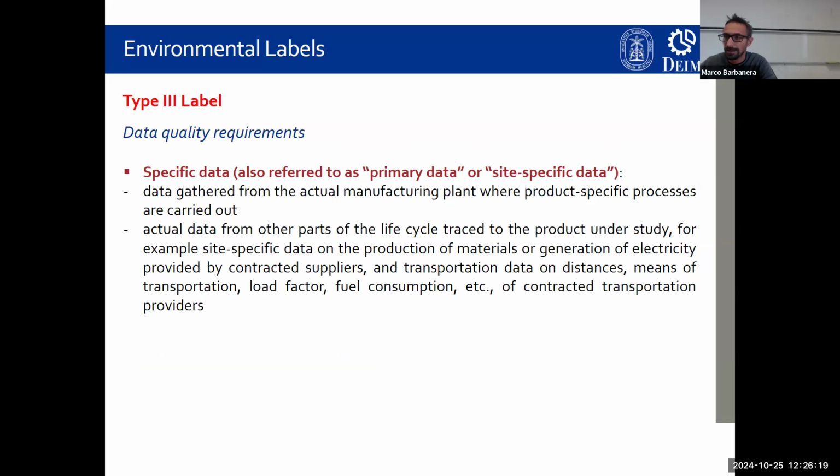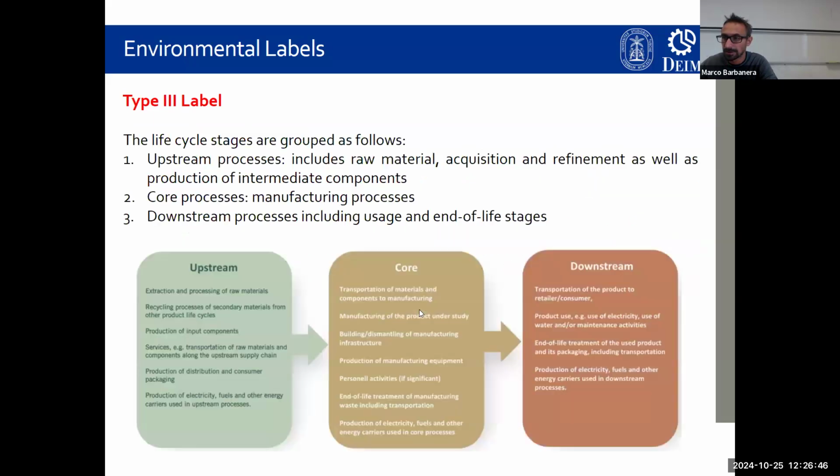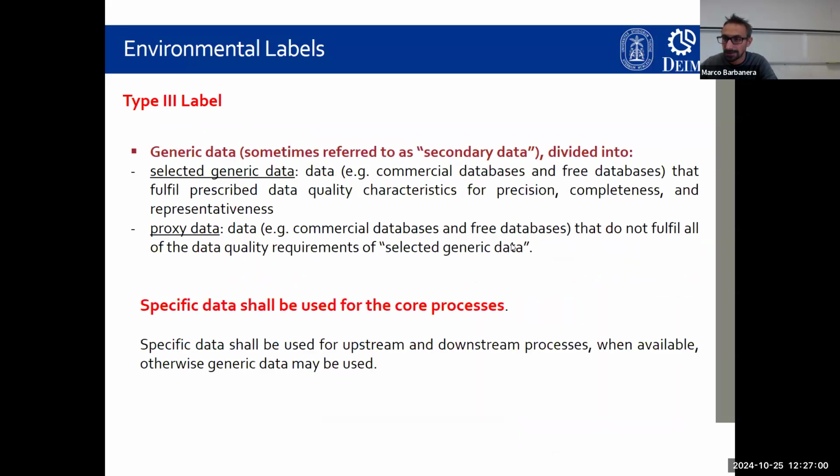So obviously, if we have the possibility, it's better to use specific data for all inventory data. But we have said previously that this scenario is not possible. So in the guidelines, typically, you can find that specific data, so primary data, should be used only for the core processes. Okay, only for the core processes. Guidelines require that you have to use primary data. Instead, for upstream and downstream processes, you can use also secondary data.